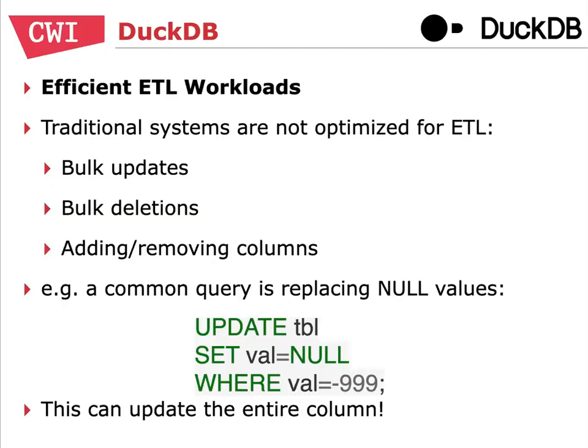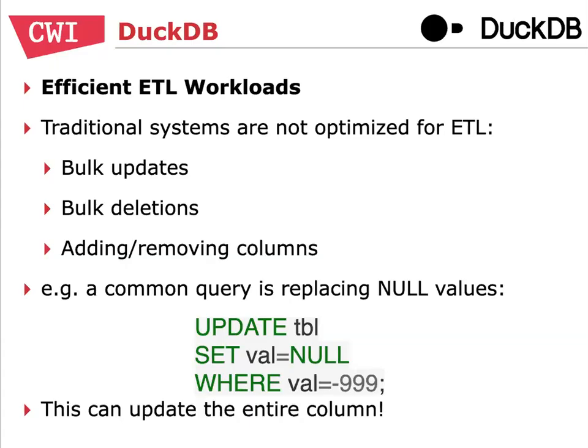We also support efficient ETL workloads, a bit more databasey. So traditional systems, when it comes to updates, deletes, columns being added or removed, they're not really optimized for the cases where you want to do that for a lot of values, a lot of rows. Normally, a traditional database system would be optimized for, say, changing one row out of a billion.